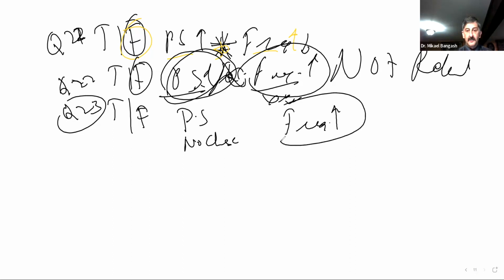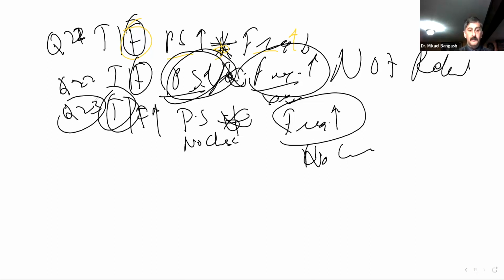So if we increase the frequency, is it true to say that the propagation speed will not change? Yes. Why is there no change? Because they are not related. Even if you flip it around and say an increase in the propagation speed, and there's no change in the frequency, that would have been true.